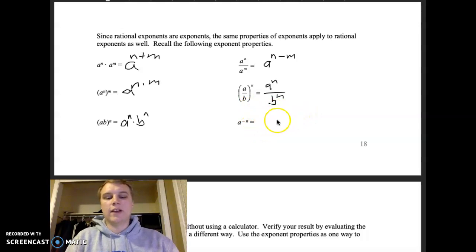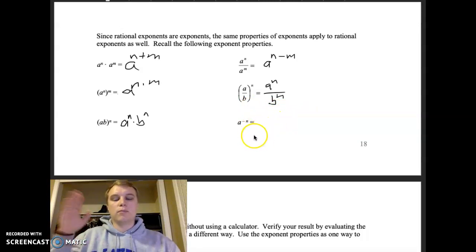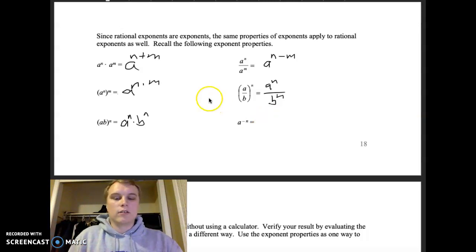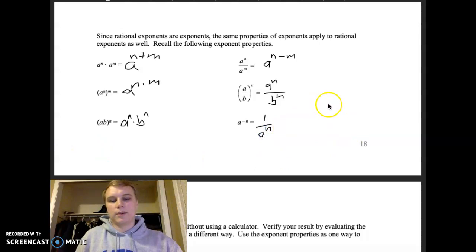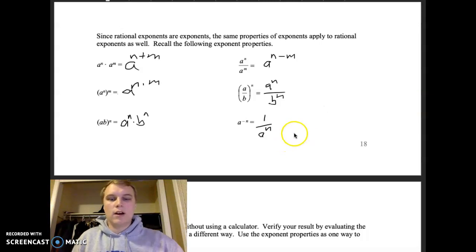Whenever you have a negative exponent, that's saying bring that number into the denominator. So instead of a to the negative n, it's going to be 1 over a to the n. These are our main exponent rules or properties that we'll be focusing on.